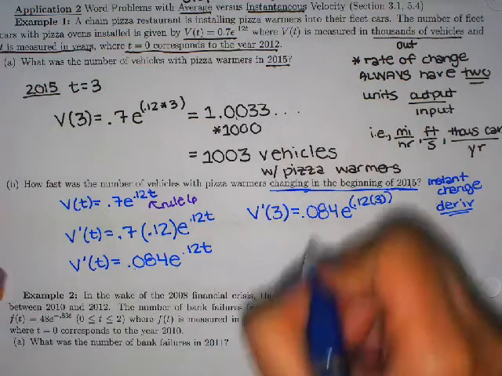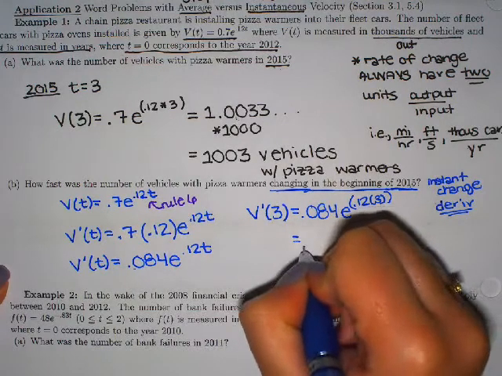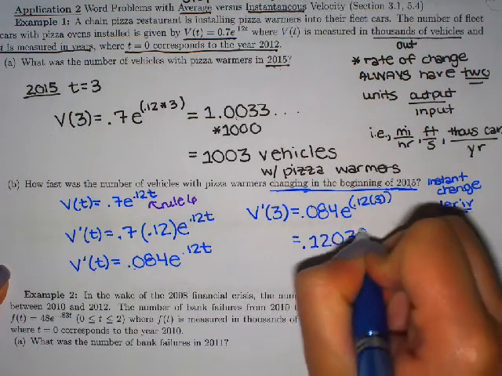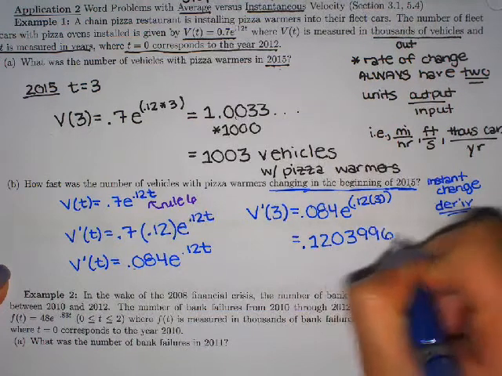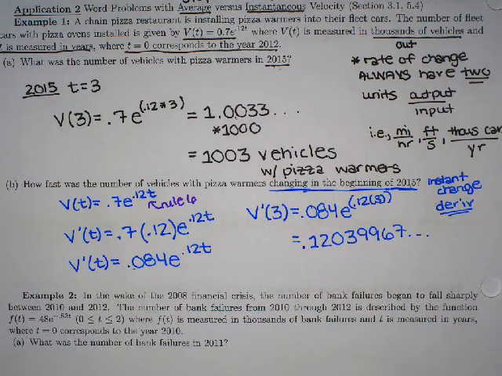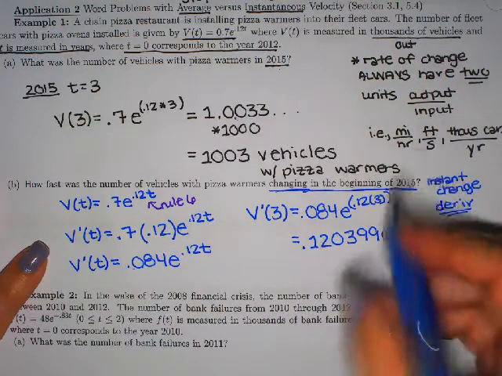This whole thing might need to be in parentheses depending on your calculator. When you do that, you should get 0.120399967. It keeps going. So it's only expected to grow by 0.12 of a car in 2015?